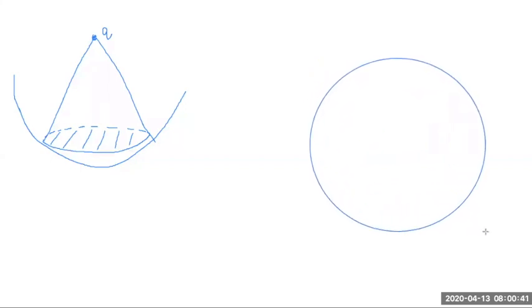Say this is your sphere, and here is the center, and this is the slant height, right? Can you visualize the situation?